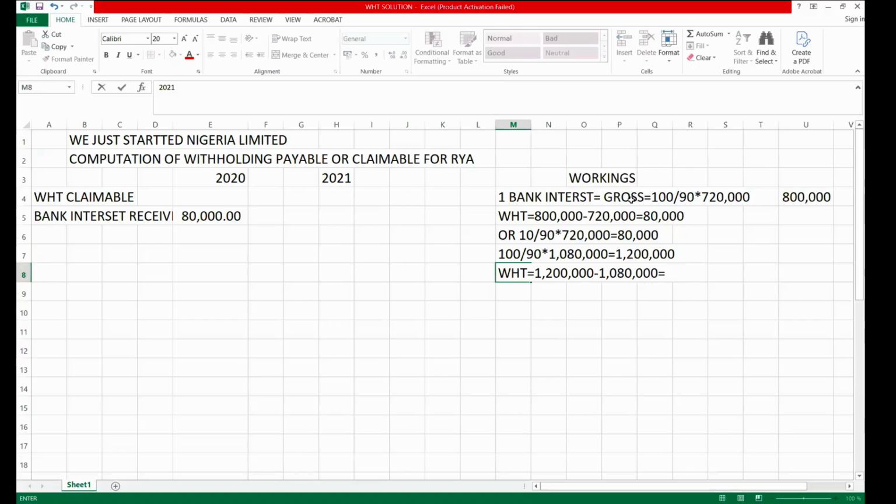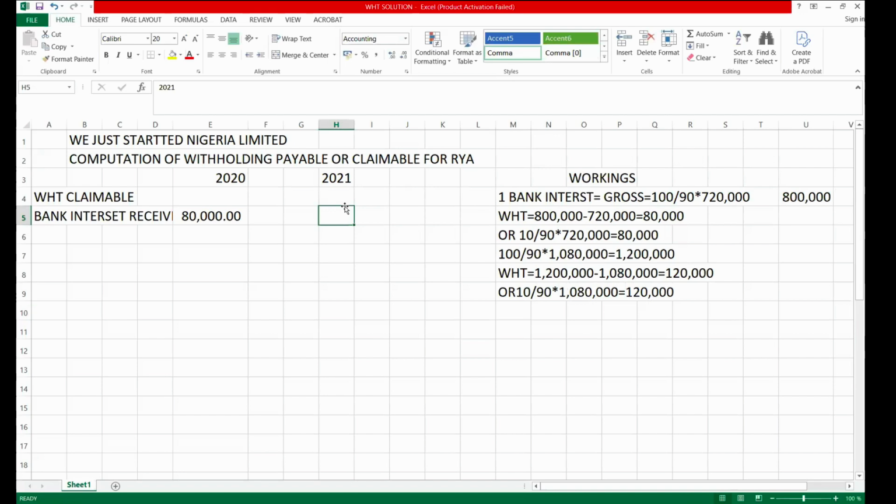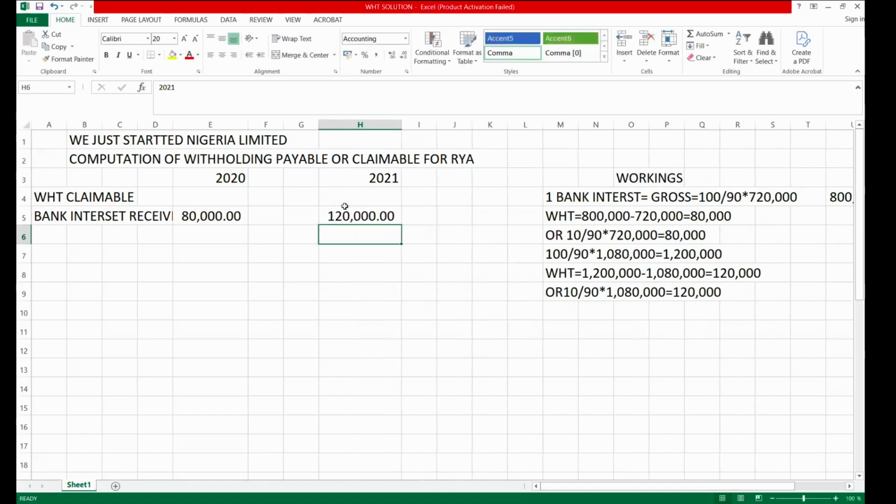That will give us 120,000. Or you can say 10 divided by 90 multiplied by 1,080,000 naira. That will give you 120,000. Either way can be adopted. 120,000 naira. So that is for bank interest received.